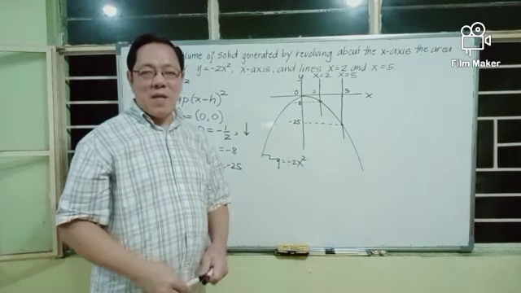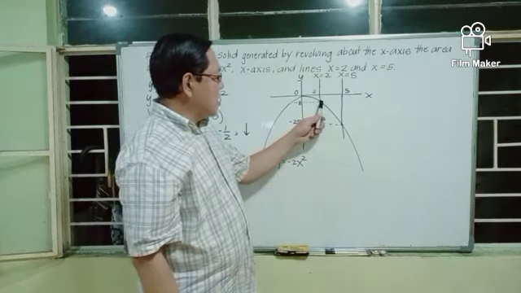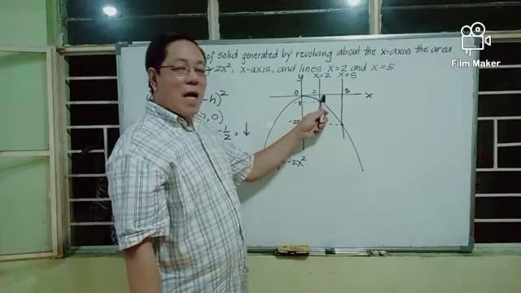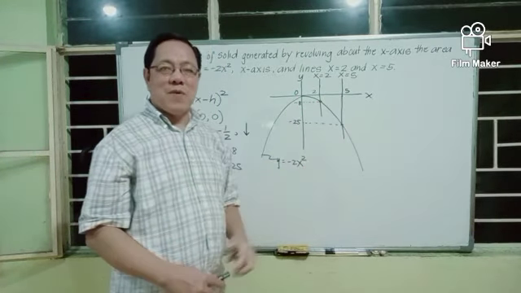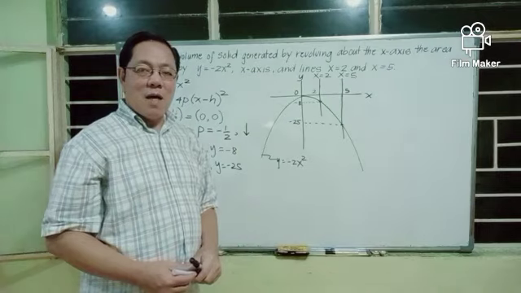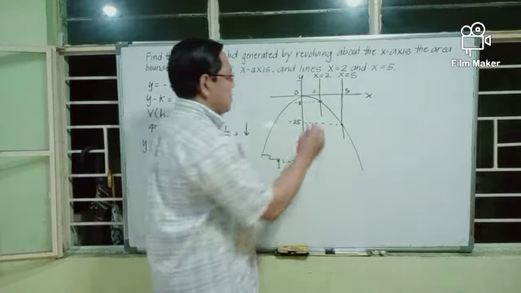Now we identify the area. We want the area bounded by this part of the parabola, the x-axis, and the lines x equals 2 and x equals 5. And that area, I will now shade that area.